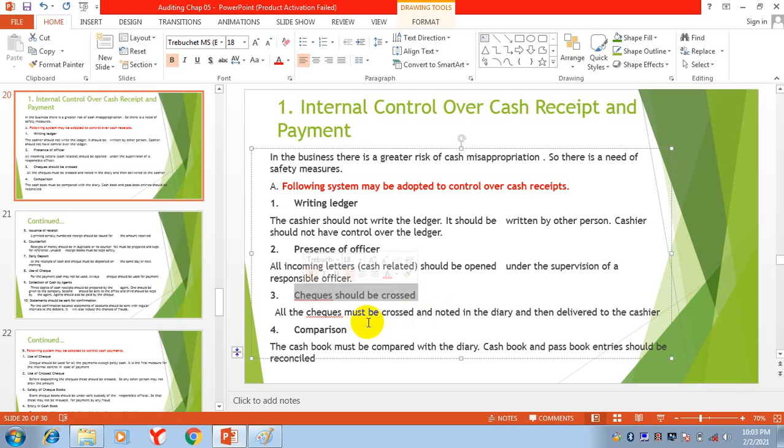So the chance of errors and fraud will be less if you use crossed checks. I told you that nobody else, only the company, can cash that check if it is crossed. Comparison: I told you the cash book must be compared with the diary. In that diary, you will record all the checks, and at the end of the month, you will compare the diary with the cash book.